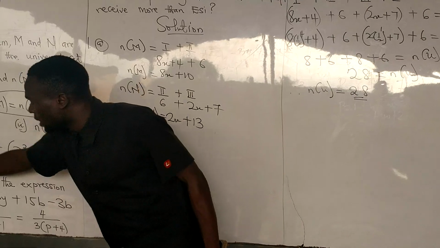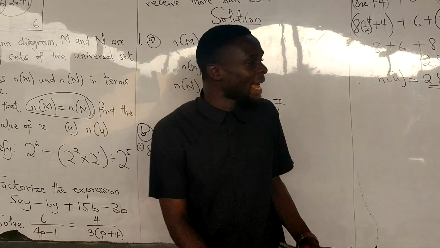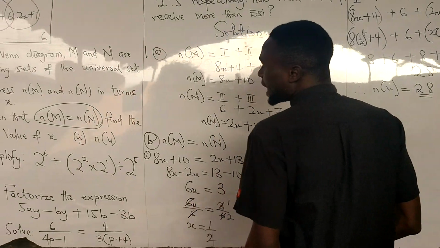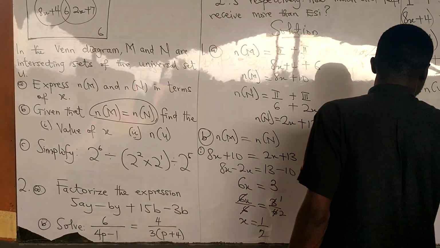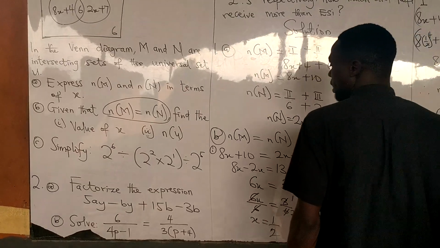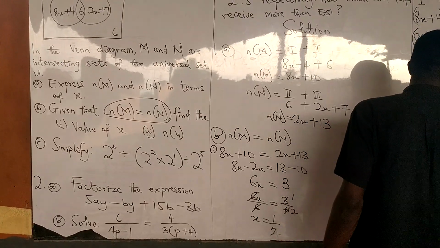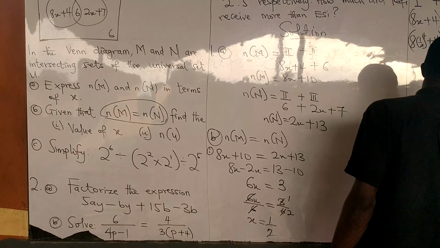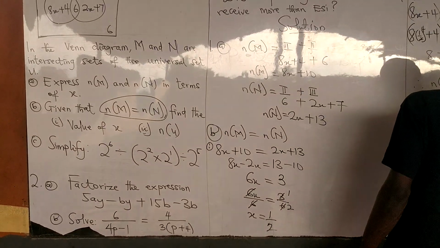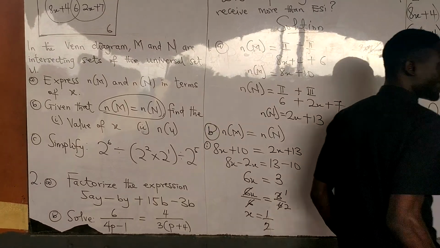Question 1C. It says simplify 2 raised to the power 6 divided by bracket 2 raised to the power 2 times 2 raised to the power 1, divided by 2 raised to the power 5.